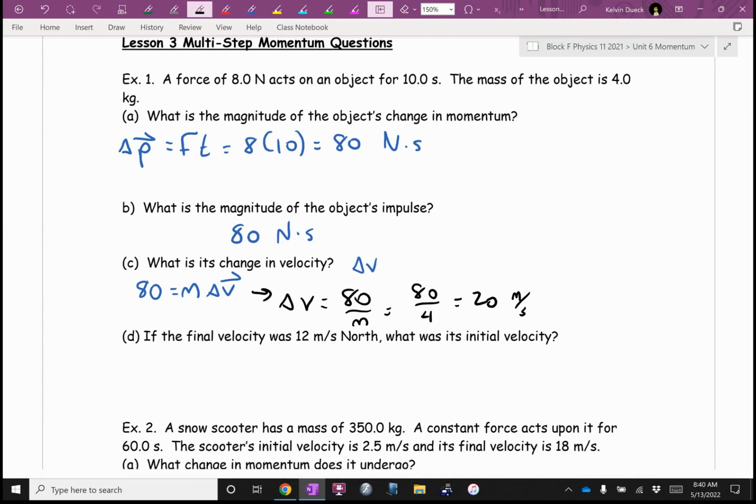Or we could have started going backwards at -5 meters per second and ended up going forwards at +15 meters per second. That's a change of 20. So, D says this: if the final velocity was 12 meters per second north, and you know the change in velocity was 20, what was the initial velocity?